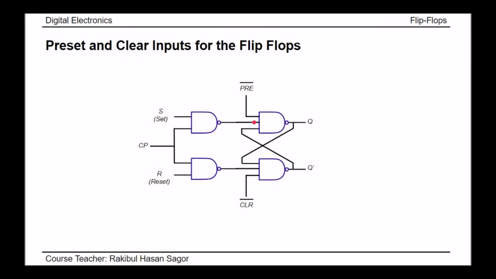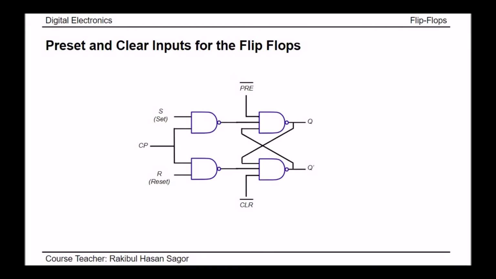So the definite output will be 1 here. So 1, 1, 1 will make the output Q equal to 0. Q equal to 0 means the output is cleared or reset. So in this way, forcibly, without depending on the clock pulse or inputs, we can set our output Q equal to 1 or Q equal to 0 by activating the preset input or clear input.